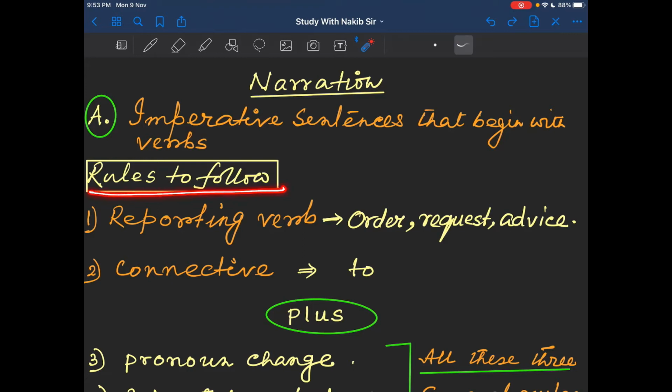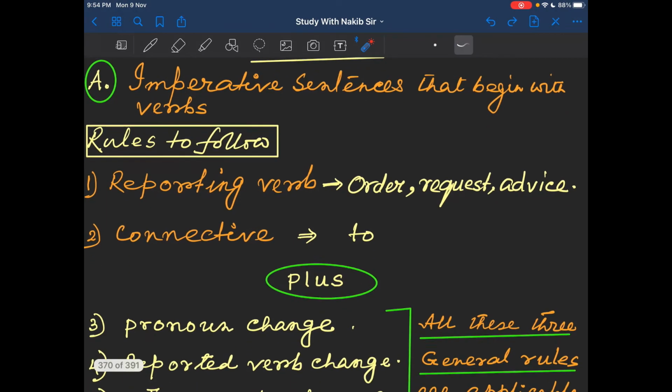You have to follow the first particular rule, the rule about the reporting verb change. The reporting verb is to be changed to order, request or advise according to the necessity of the sense of the reported speech. So the reporting verb is to be changed to order or request or advice in the indirect narration.